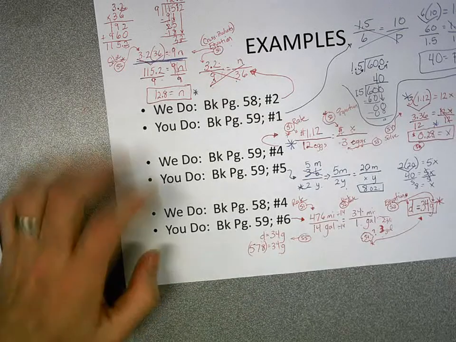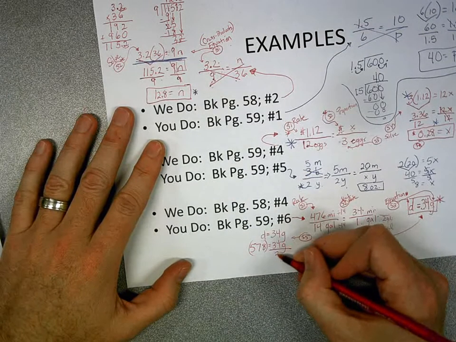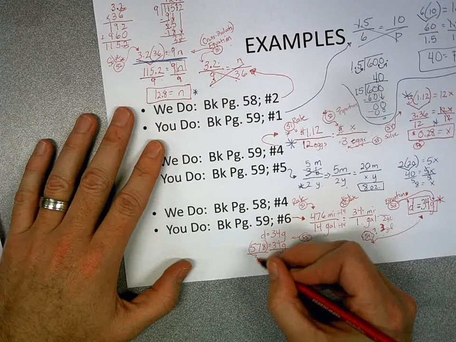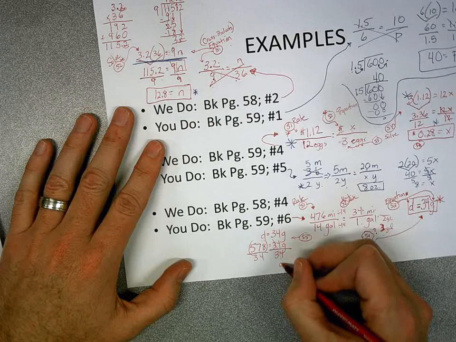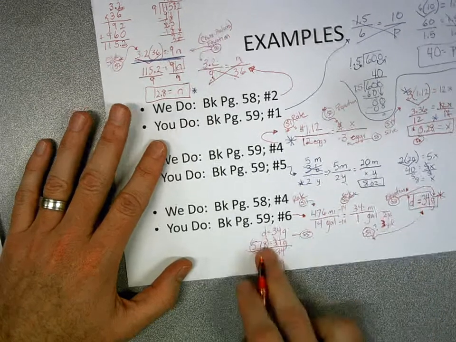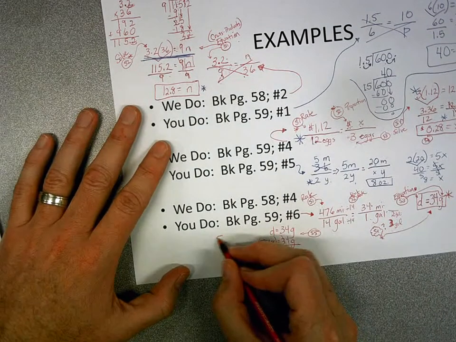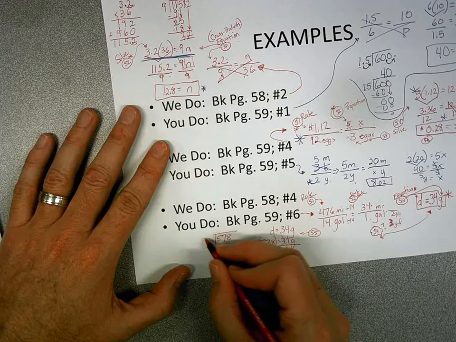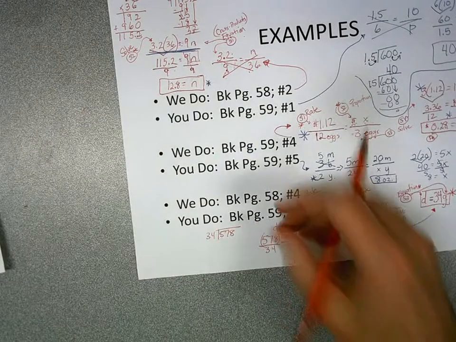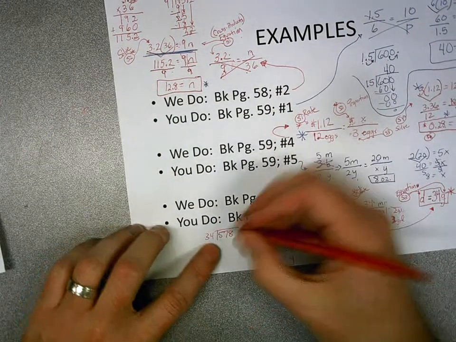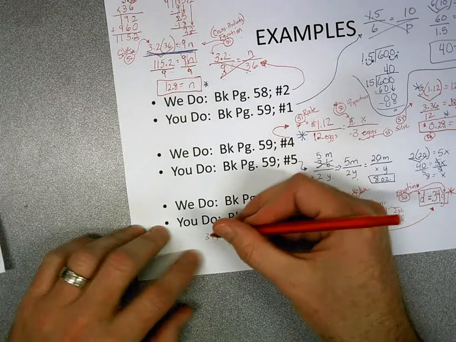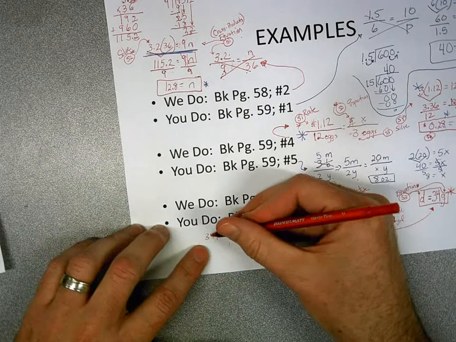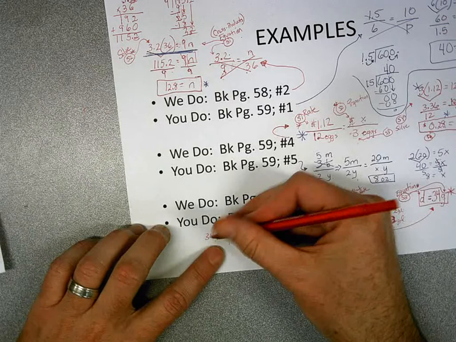Divide both sides by 34. And we end up with G is equal to whatever that is. So this is our division problem: 578 divided by 34. Now, I'm going to go into 57. Now listen, 30 times 2 is 60. So 34 times 2 is bigger than 60. 34 is only going into 57 one time.